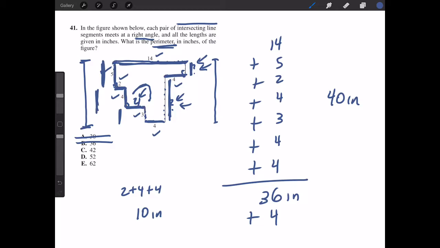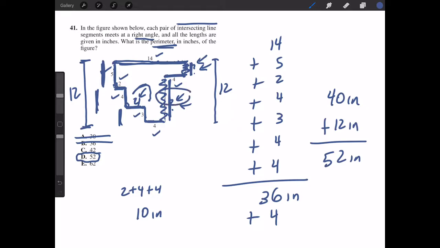So if I add 5 plus 4 plus 3, I get the measurement of that side. 5 and 4 is 9, and 3 is 12, so this is 12. So the 2 sides that I don't know what they measure, measure in total, in sum, 12 inches. So now from the 40 inches I already had, I add 12 more inches, giving me a total of 52 inches. Choice D.